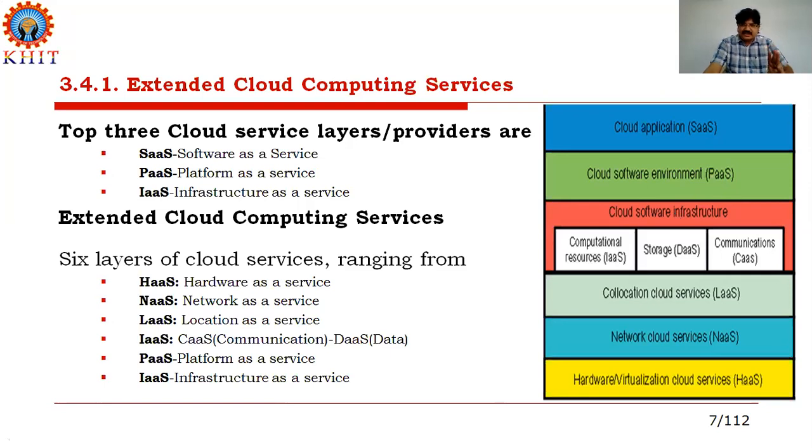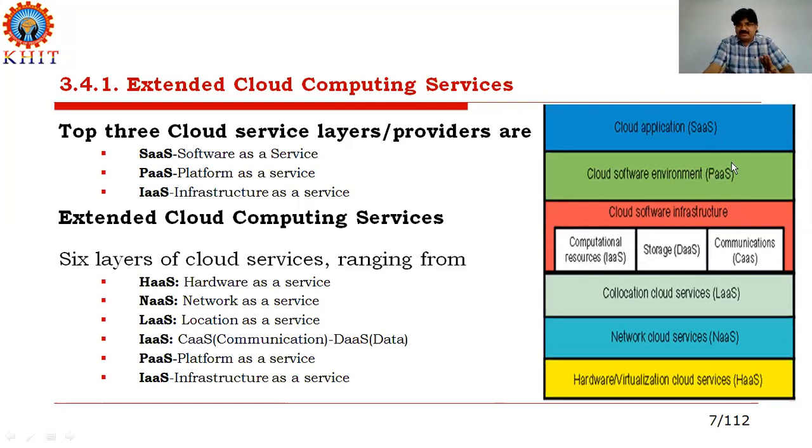The infrastructure as a service has 3 subdivision services, namely computational resources, data as a service related to storage data, and communication as a service, CaaS. These 3 are internal services provided by the infrastructure as a service.